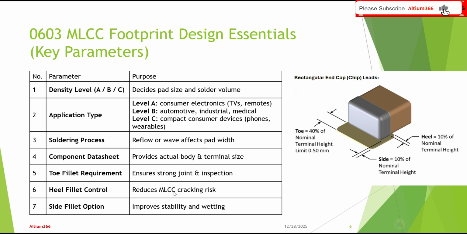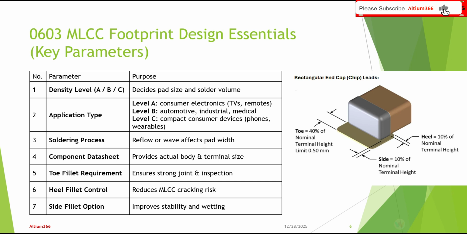The last three parameters are very important if you are having your product for level B or level C. The first one is the toe fillet requirement, which ensures a strong joint and inspection. Toe fillet is the most important fillet because it confirms good solder wetting, joint strength, and easy visual inspection. IPC always prioritizes toe fillet for reliability. Then the heel fillet.